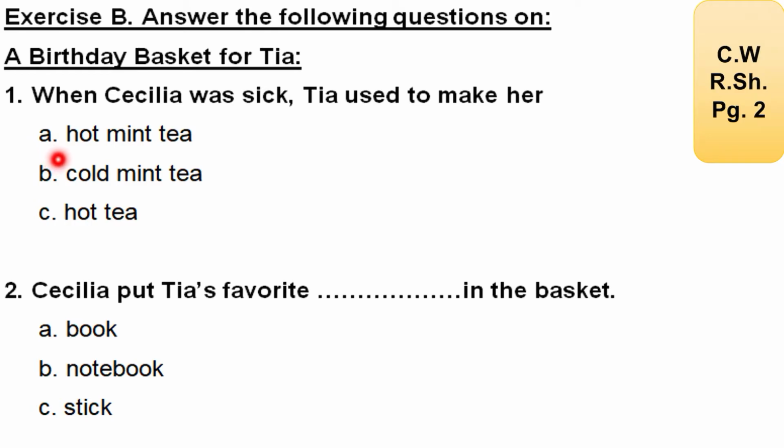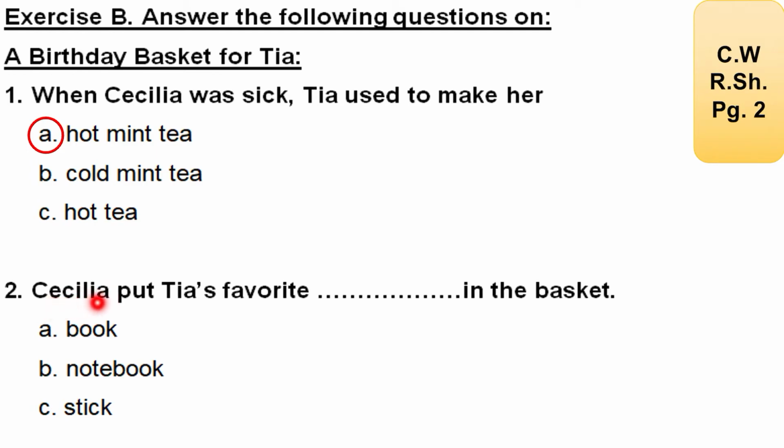A hot mint tea or a cold mint tea or a hot tea? Yes, she used to make for her a hot mint tea. In Spanish, it's called what? Hierba buena. Excellent, grade 2 students.